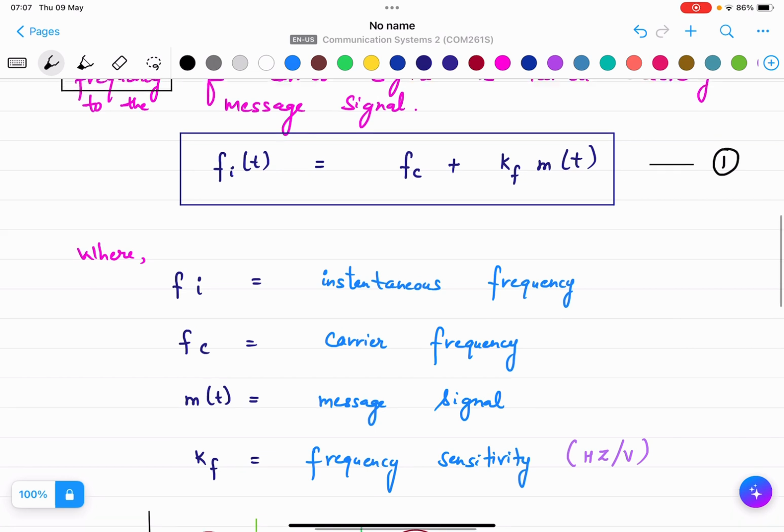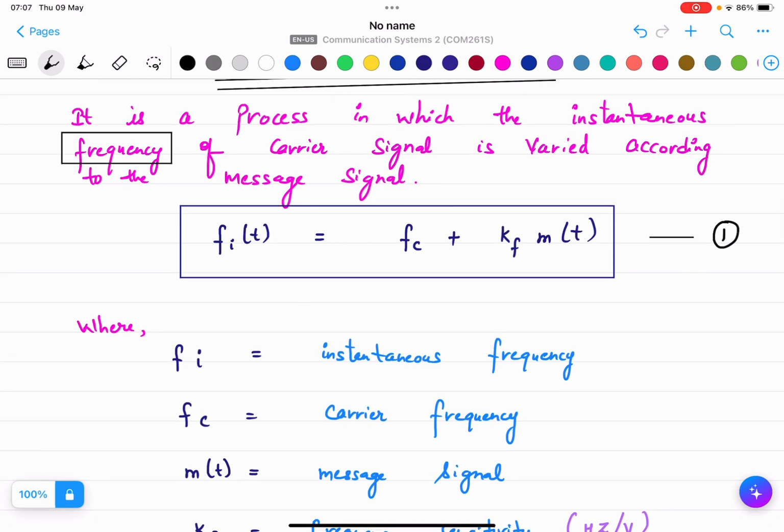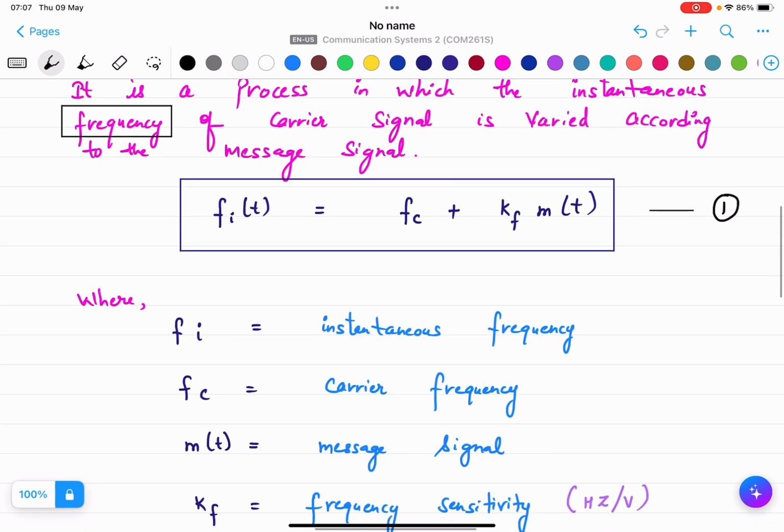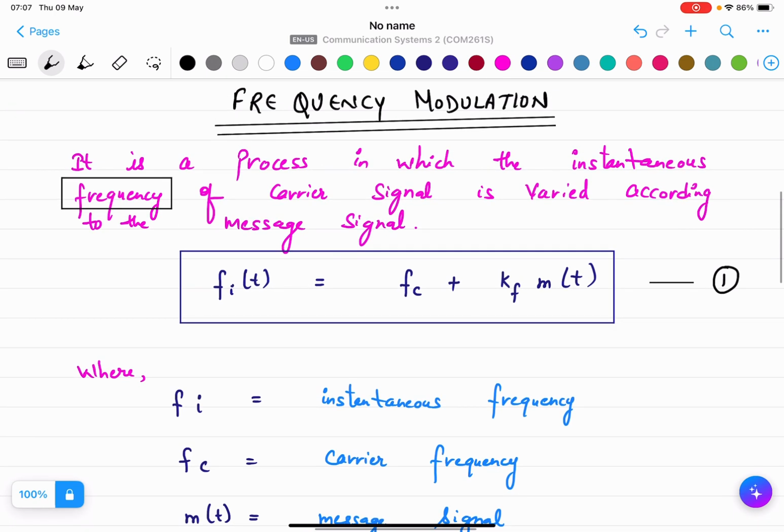So this is the equation of the instantaneous frequency, because our instantaneous frequency is changing according to the message signal, right? Basically, the instantaneous frequency of the carrier signal is varied according to the message signal. Okay, so these are all the terms in this equation.